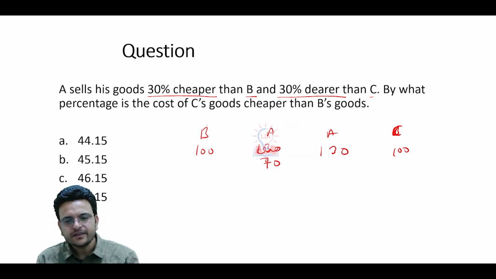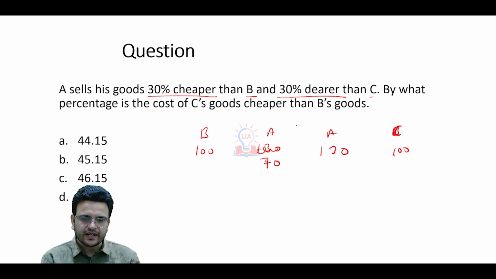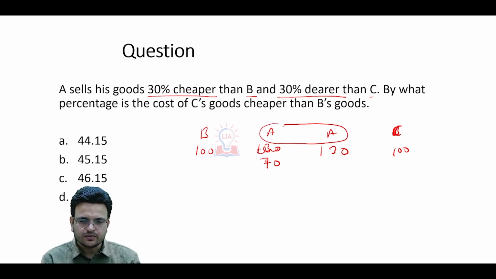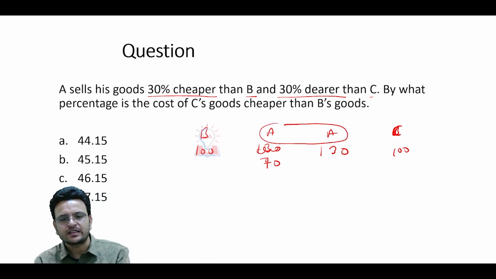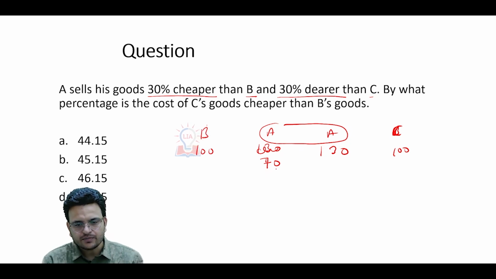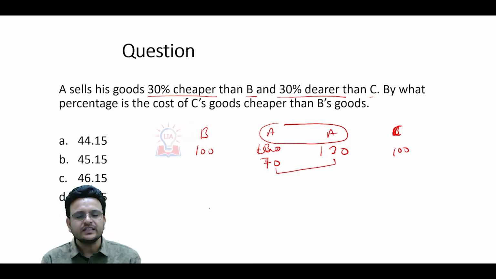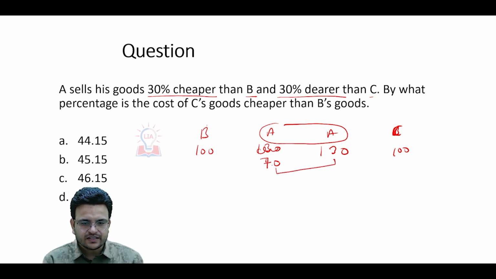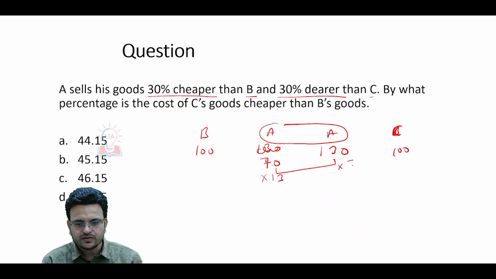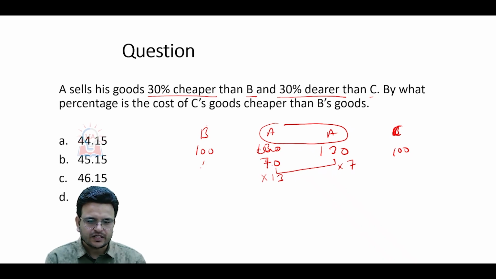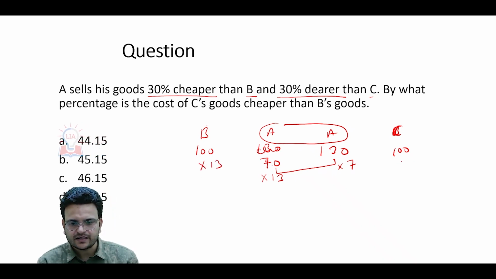Whenever such types of questions come, you have to find the common link between the two statements. The common link is A. You have to make this a common value. Here 70, here 130. If you multiply this value by 13 or this value by 7, you will get a common value. So multiply by 13 here, multiply by 7 here.